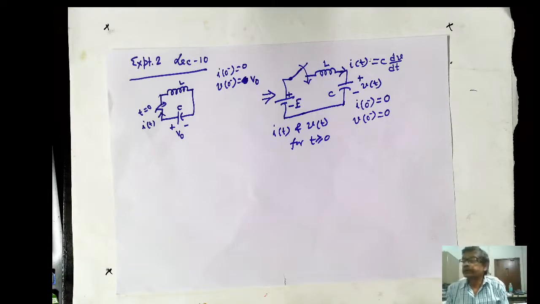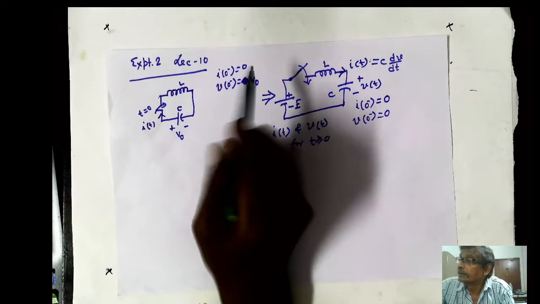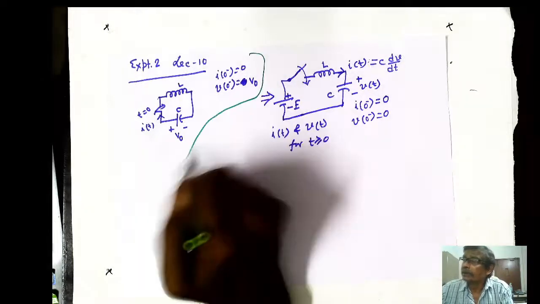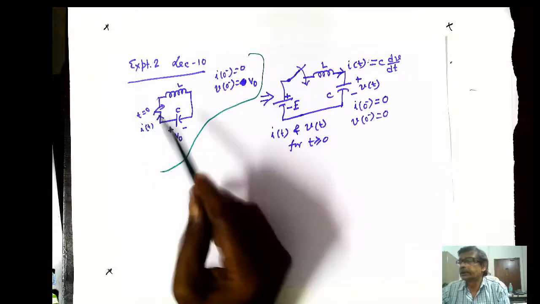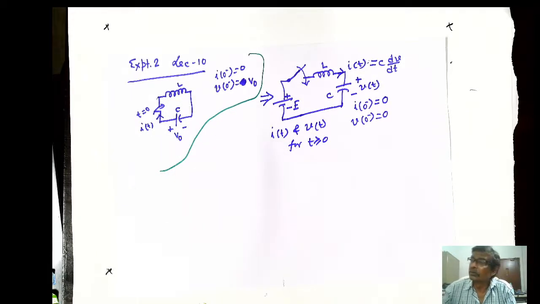Welcome to lecture number 10, and we are discussing the backgrounds necessary to carry out experiment number 2. Last time, in lecture 9, we discussed this problem where a charged capacitor was connected across an inductor, so there was no forcing function in the circuit.